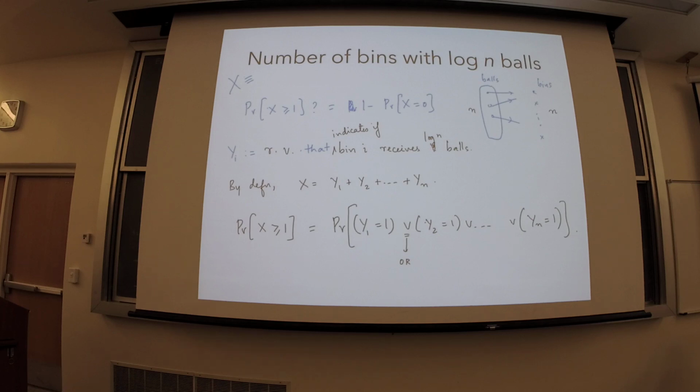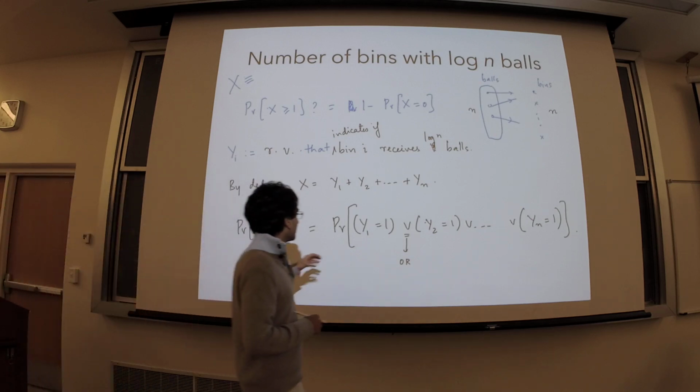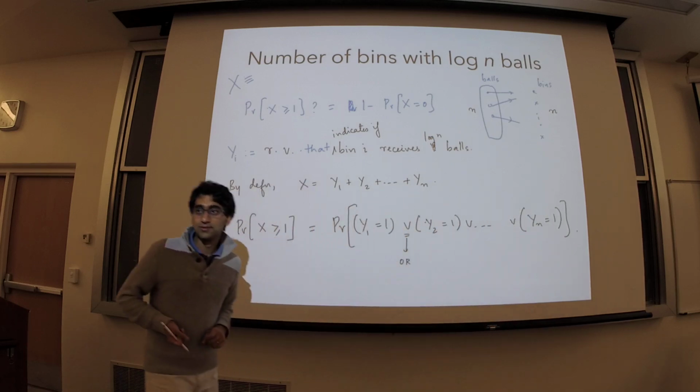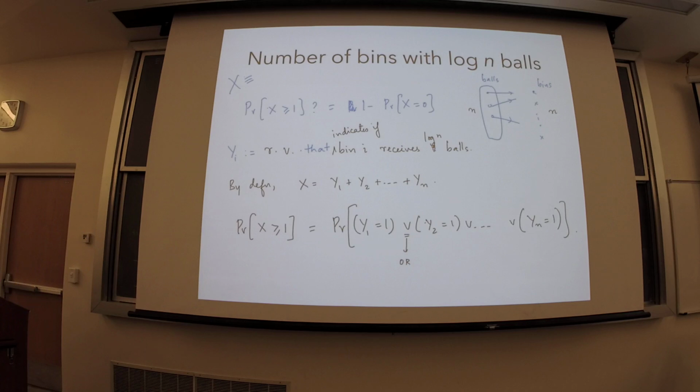So now, how do you analyze the OR of a bunch of events? If you want the probability that event 1 happens or event 2 happens, you might think that this is equal to the sum? Let's start with equal.